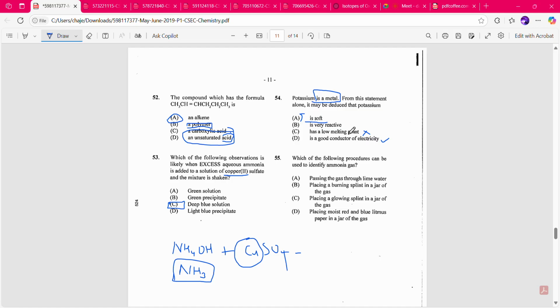Is very reactive. So these three are actually all correct, but they're asking about the statement itself. If somebody tells me about a metal, I'm going to say that it is soft or that it can conduct electricity. So I'm going to look for the most correct answer.